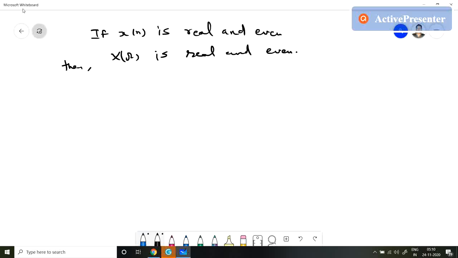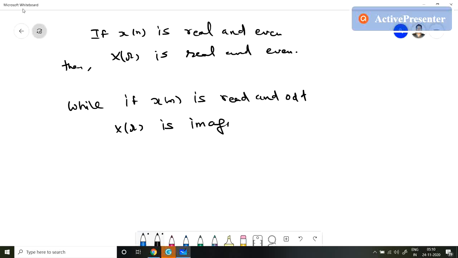The property is that if x[n] is real and even, then X(Ω) is real and even, while if x[n] is real and odd, then X(Ω) is imaginary and odd.